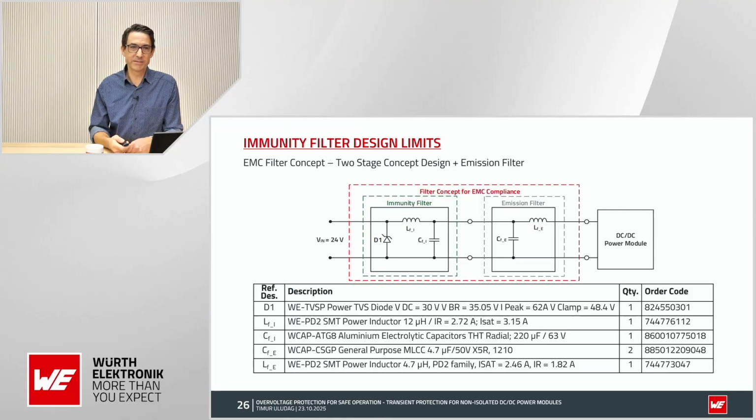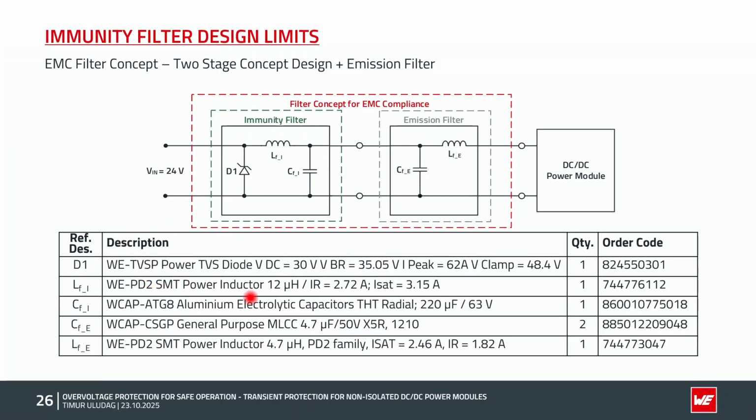If we summarize then here, the filter, means the immunity filter with real world values. Here, what you can see, we have got here the TVS diode, where you have got this VDC of 30 volts. We have got an I peak of 62 amps. We have got the PD2. We have got this aluminum electrolytic capacitor.